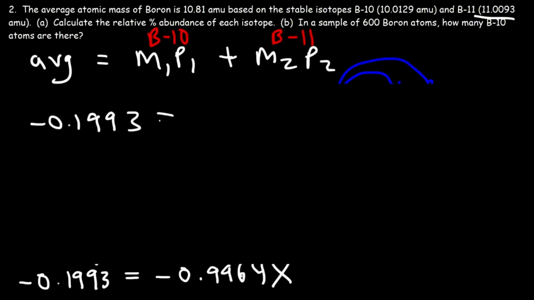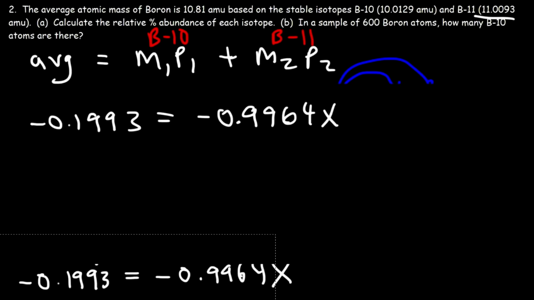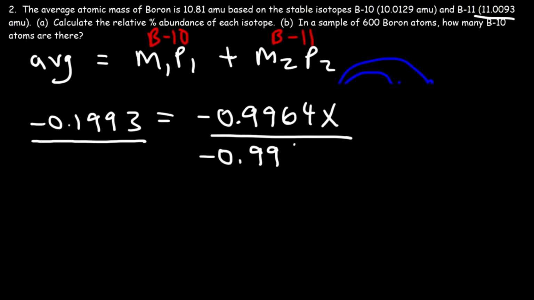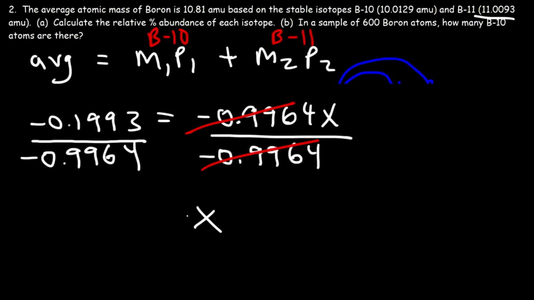I'm just going to rewrite what I have above. Now what we need to do at this point is divide both sides by negative 0.9964. And so this will give us the value of x, which is 0.2.